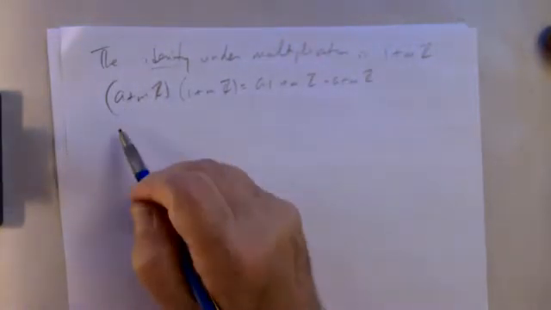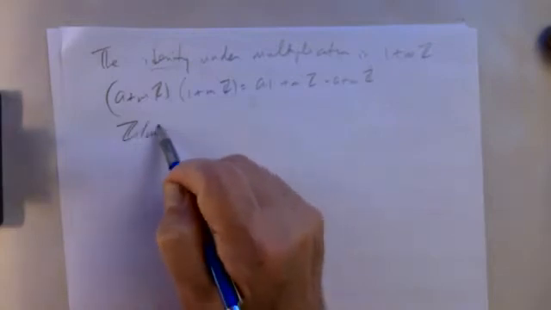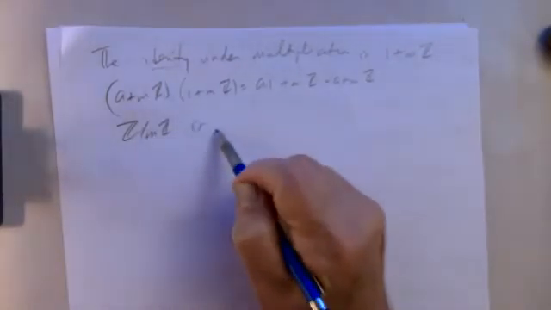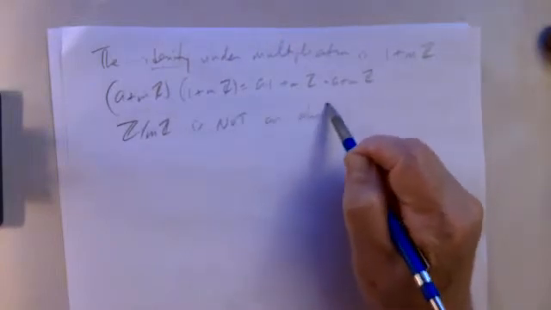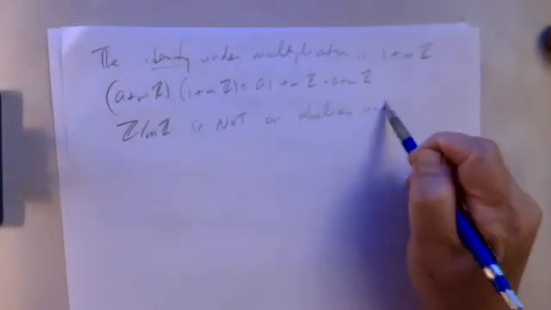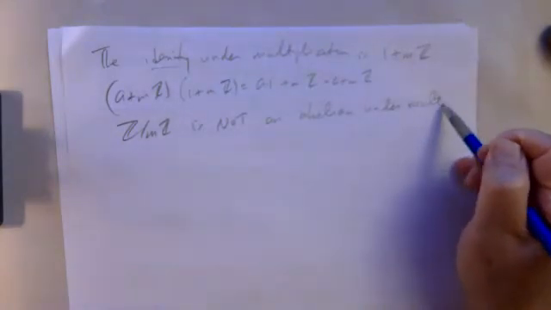So this is the identity, but under multiplication in general, Z mod MZ is not an abelian group under multiplication.